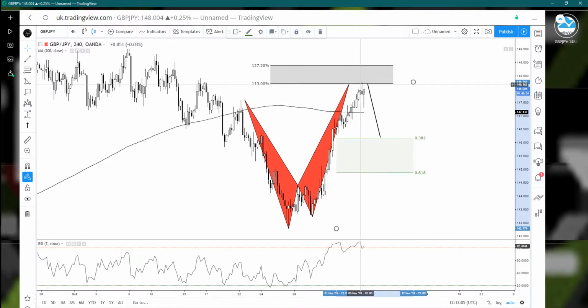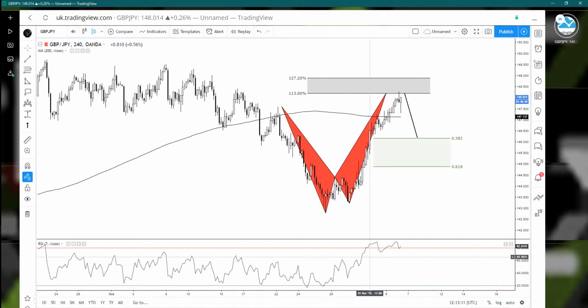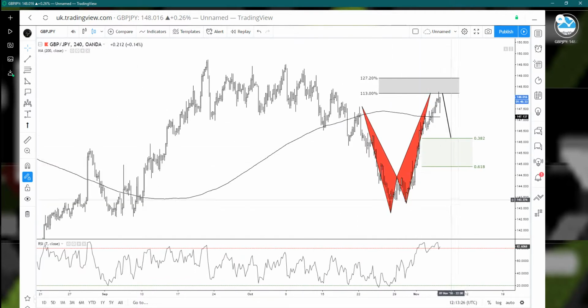At the 113 extension, I need the price to reject that level and start to trade lower from this level again, also with bearish divergence between the most recent structure highs, but again not so clear. I prefer to stay away from this instrument.